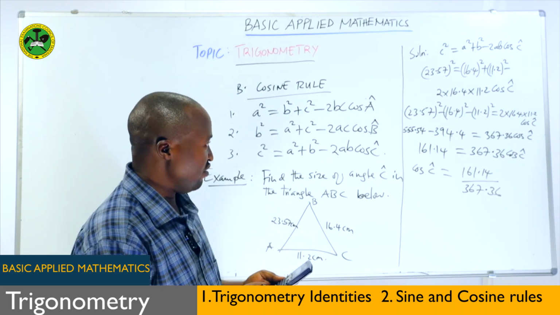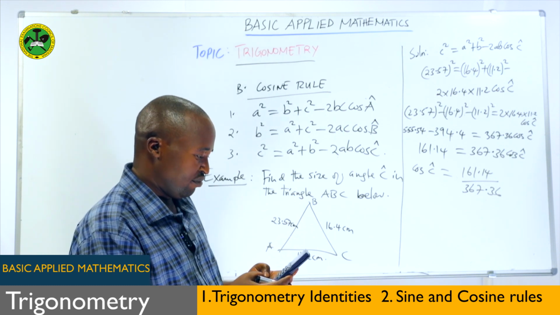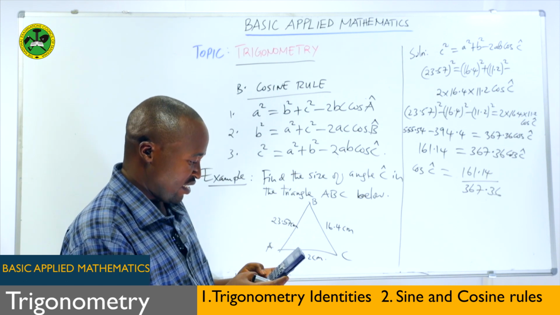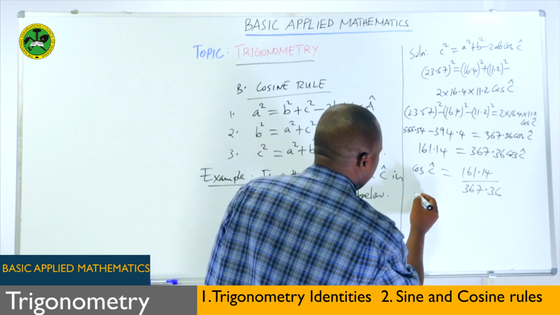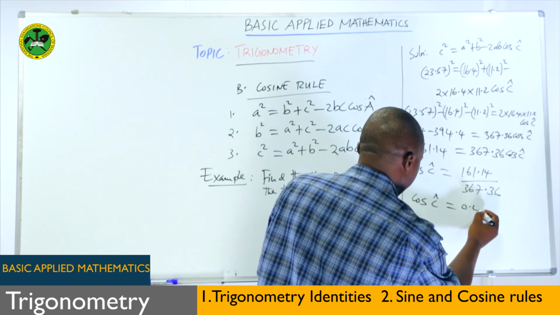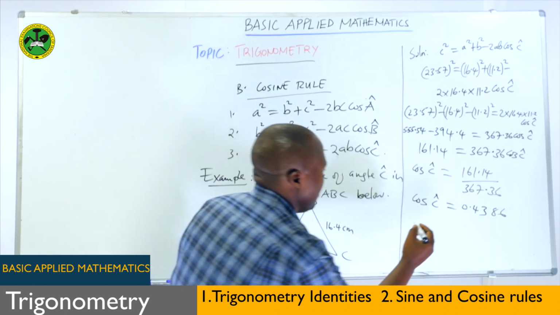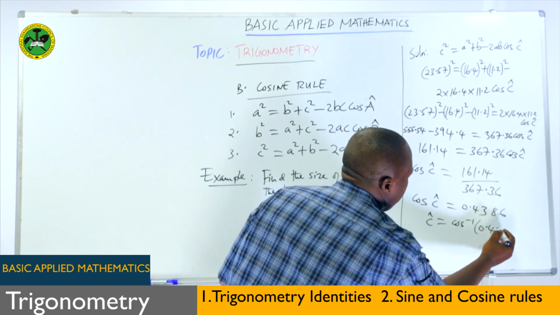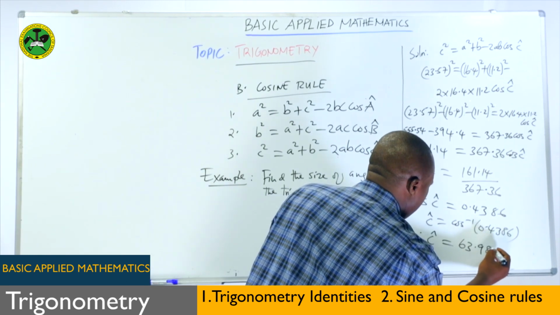Now we just divide: 161.14 divided by 367.36. So cos of angle C is equal to 0.4386. That means C will be equal to cos inverse of 0.4386, which is 63.98.